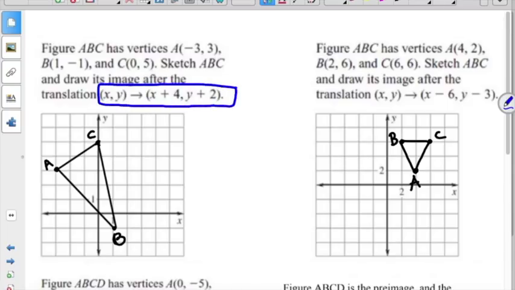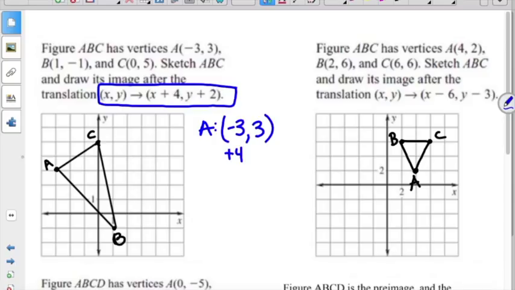So when we move on the x-axis, that's either to the left or to the right. Point A is negative 3, 3. So if we add 4 to our x term, we end up at 1. And then we're going to add 2 to our y term, and we're going to end at 5. So A prime is going to be 1, 5.